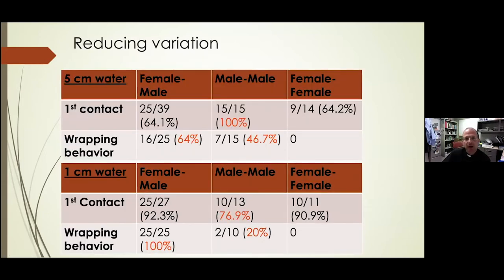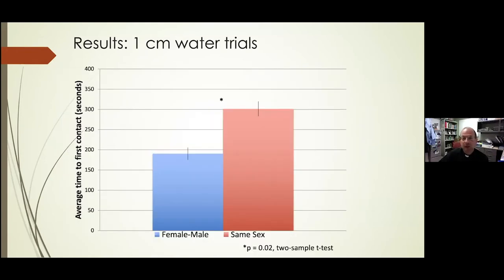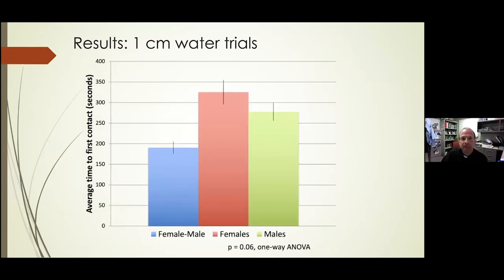So if you compare 5 centimeters versus 1 centimeter, the numbers are more consistent, I guess, with the hypothesis that male and females will encounter each other in the tank. And certainly with the timing, female and male encountered each other much quicker than same-sex pairings, and that was significant at the 0.02 level.